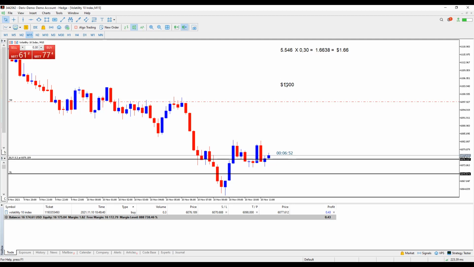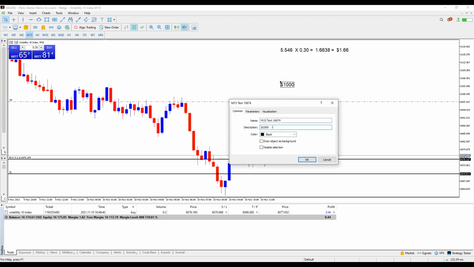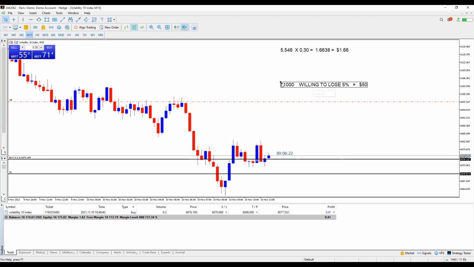Let's assume you're willing to lose 5% of your account. We want to know the monetary value of 5% of $1,000. So you are saying you're willing to lose $50 of that account.